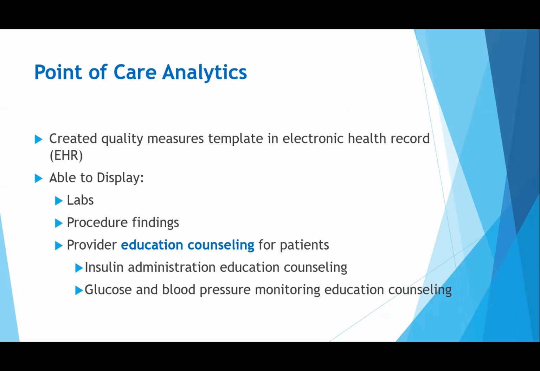So whether it was an advantaged patient, an elderly patient, whether it was someone middle-aged or a younger patient, this was helpful to have these quality measure templates that we were creating to display what was important and vital to the patient, whether it was labs, procedure findings, and also the education counseling that the provider was giving to the patient. Was the patient compliant? Were they non-compliant? Were they going with the diet recommendations by the primary care physician, and so forth?